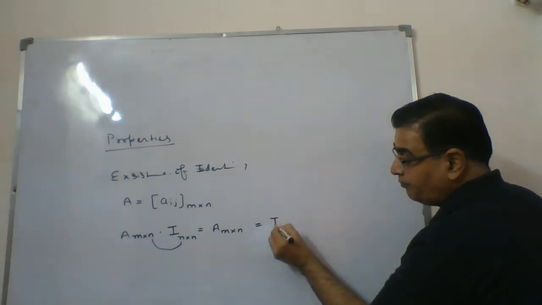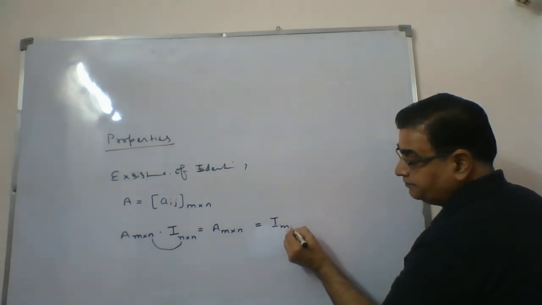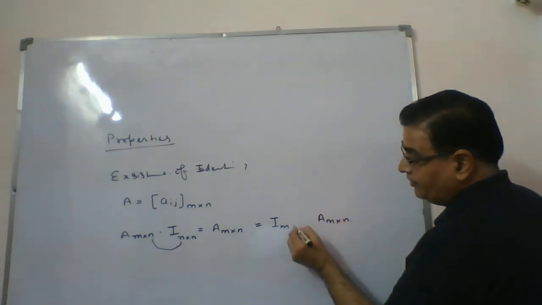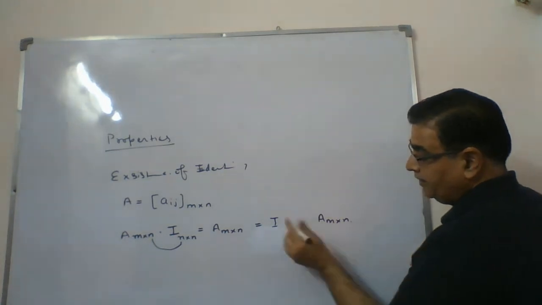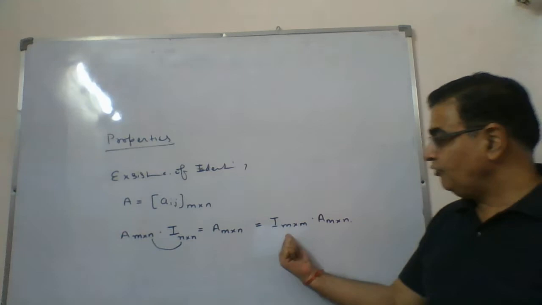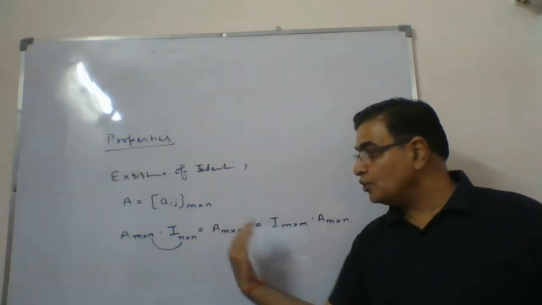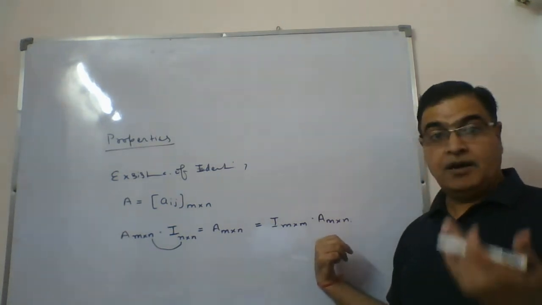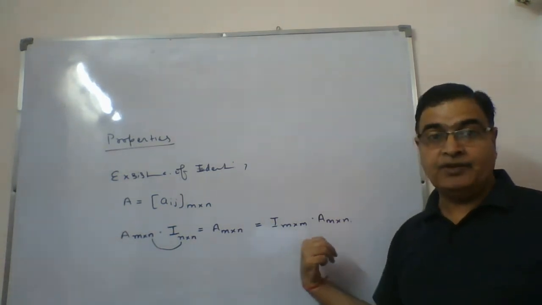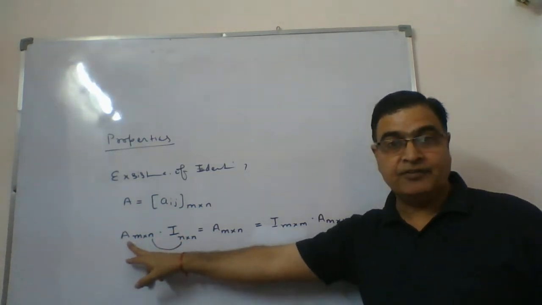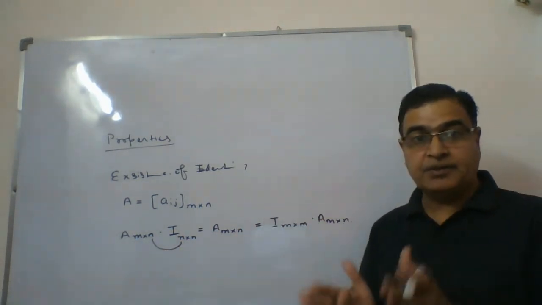In the same way, if it is a pre-multiplier, then the identity should have order m into m. So if it is acting as a post multiplier, identity will be of order n into n. If it is a pre-multiplier, it will have order m into m. Both ways, if identity is multiplied with a matrix, the matrix always remains the same.